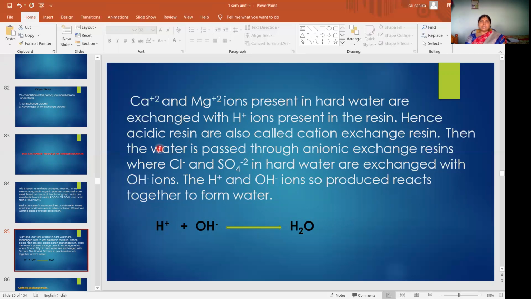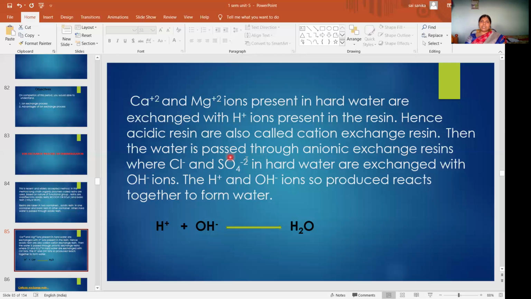So hence acidic resins are also called cation exchange resins, because this acidic resin is exchanging which ions? Cations present in the water. That's why acidic resin is also called cation exchange resin.